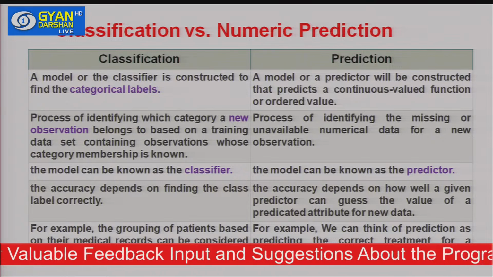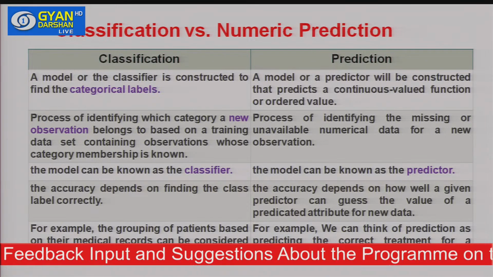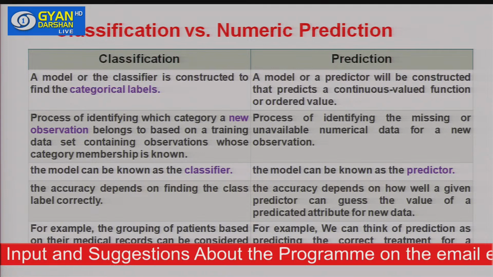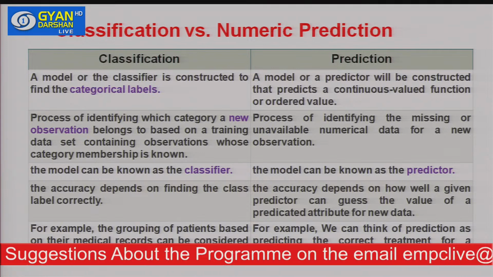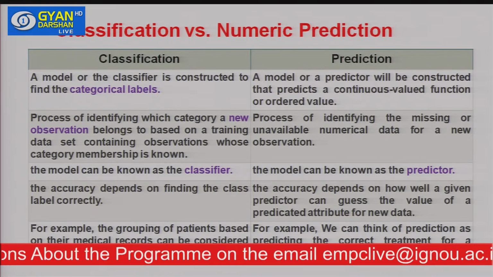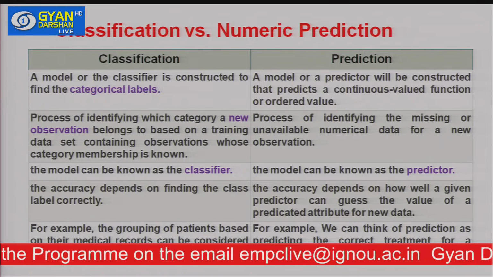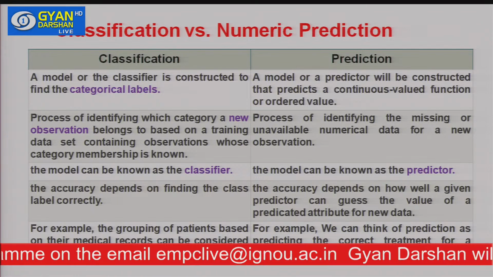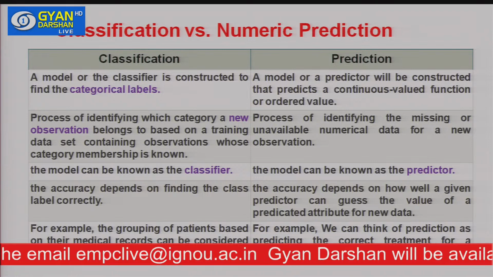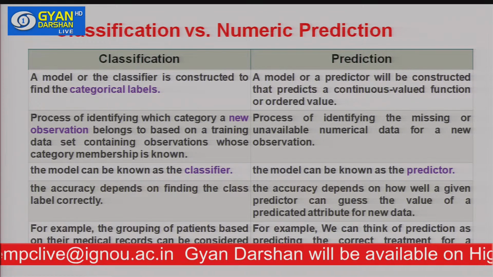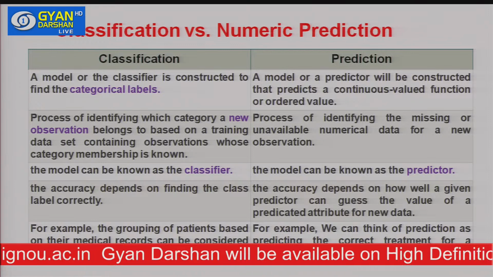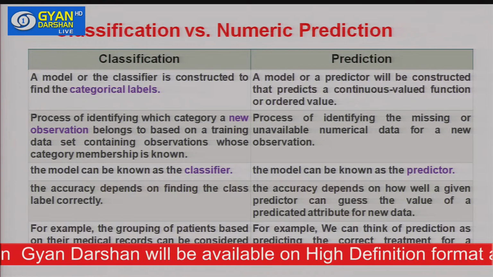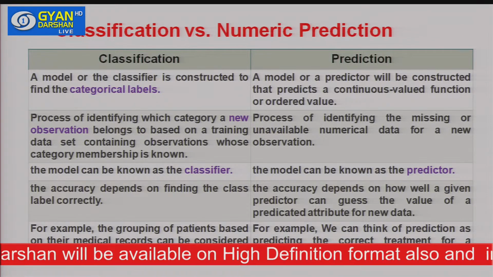In case of classification, accuracy depends on finding the class label correctly, and that is one of the most important factors whenever you are building a classifier or predictor here. Based on this accuracy, you always try to improve it by adjusting the different features or factors.